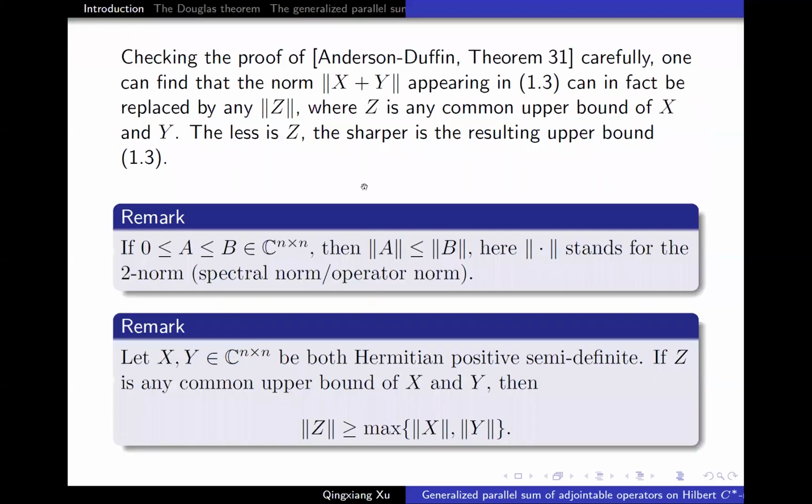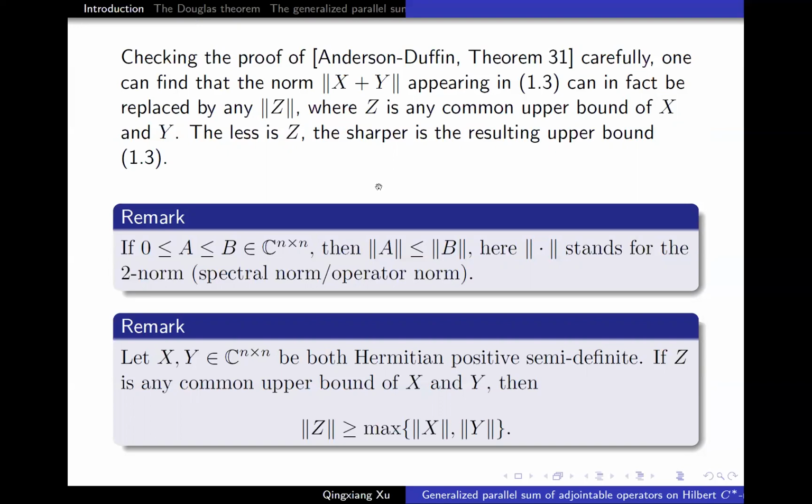Okay, so let's move on. Checking Anderson and Duffin's proof carefully, we can find that the norm of X plus Y appearing in the bound can in fact be replaced by the norm of Z, where Z is any common bound of X and Y. And the importance is that the smaller Z is, the sharper the resulting bound is, because we have well-known knowledge about the norm of positive matrices.